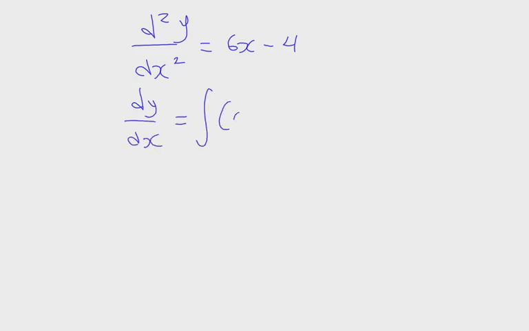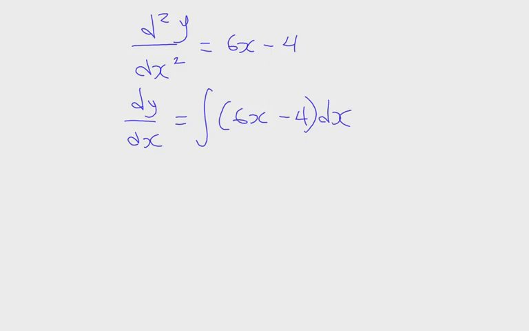So we have d squared y over dx squared is equal to 6x minus 4. Then when we integrate first, we're going to get dy/dx equals the integral of 6x minus 4 dx.